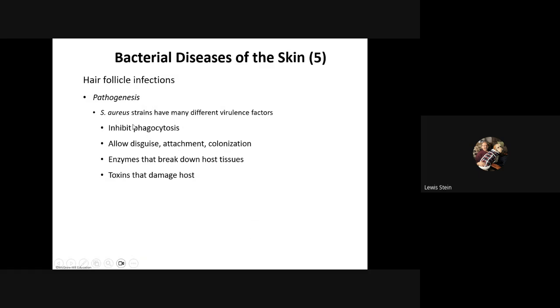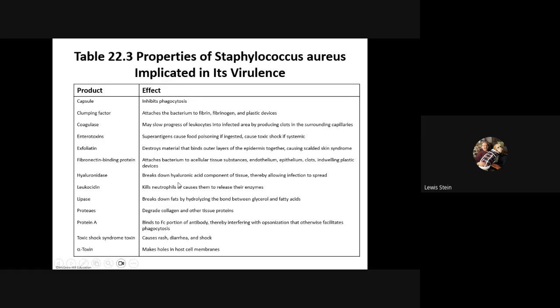A number of virulence factors. Ones that will inhibit phagocytosis, disguise it, a variety of enzymes like coagulase, a lot of toxins. It is nasty, and that's from hair follicles. Sometimes they'll be encapsulated. The coagulase, and I think clumping factor to a lesser extent, may slow the progress of leukocytes.